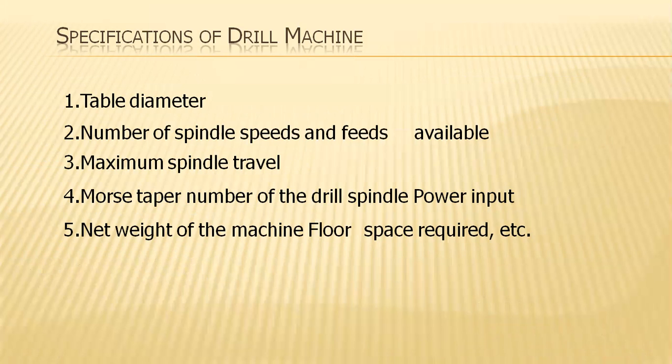Coming to the specifications of the drilling machine, particularly a universal drilling machine. Table diameter should be considered because the shapes of the objects need to be examined in the case of work commencement. Tool diameter plays a major role, and so does the number of spindle speeds and feeds available.